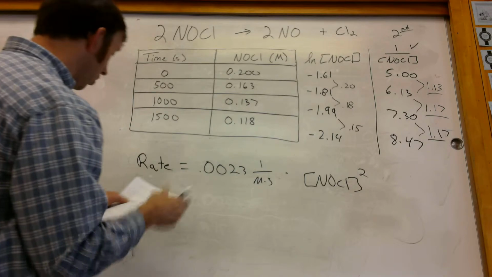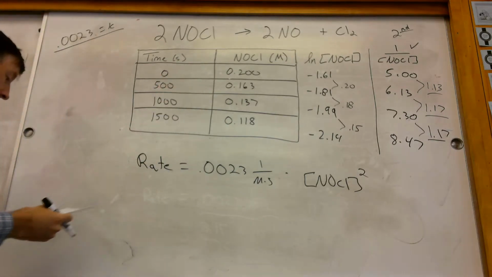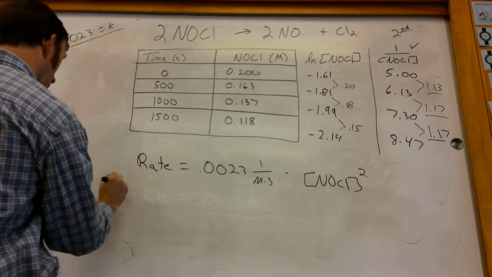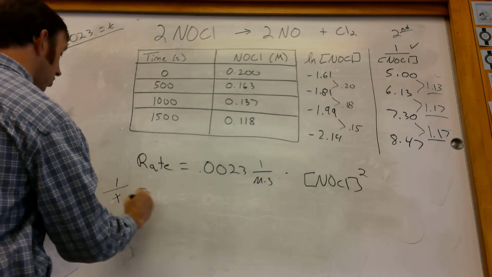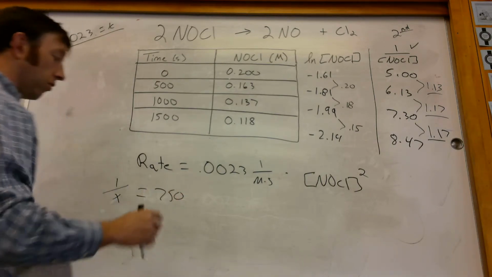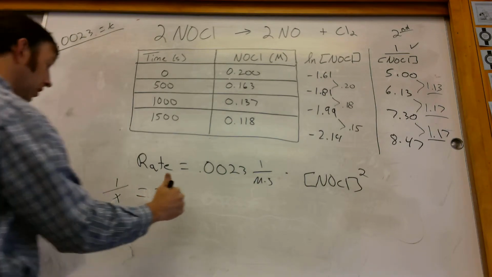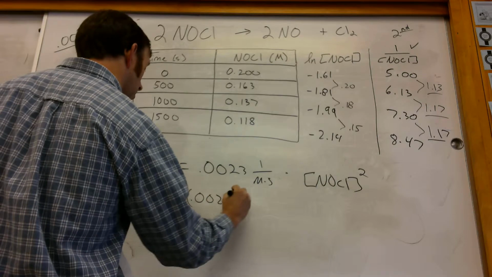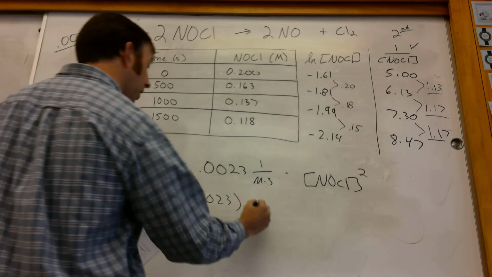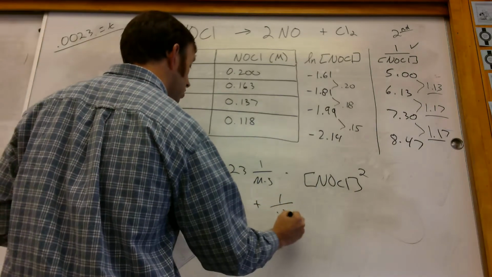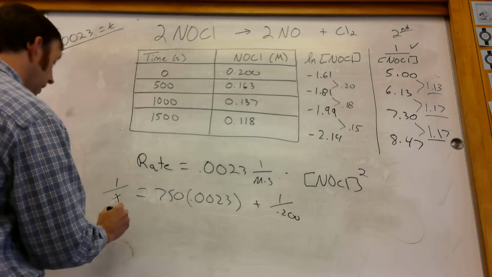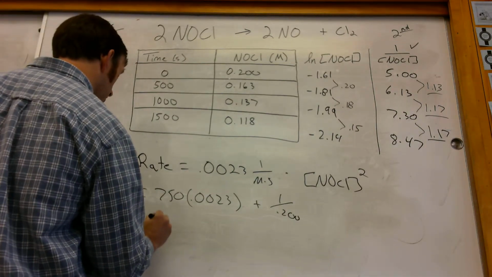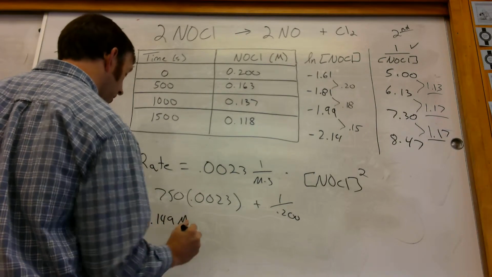So, again, my inverse relationship here, because this is a second order reactant, I'm going to go 1 over x equals 750, which is my time, 750 seconds, times 0.0023 plus 1 over 0.200. In this case, when I solve for x, I should get 0.149 molarity.